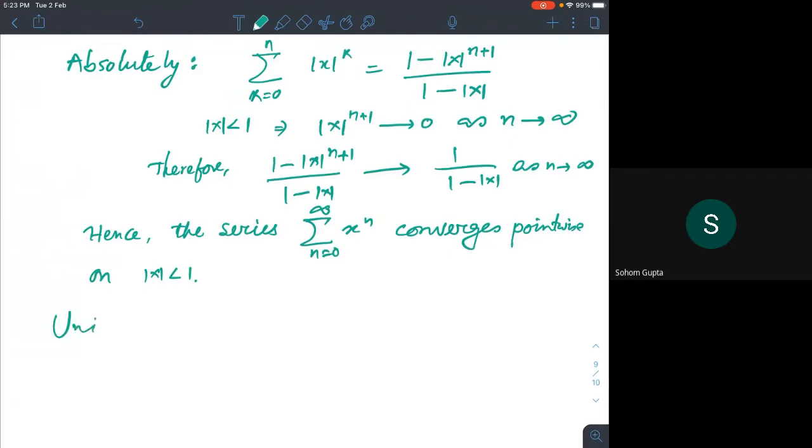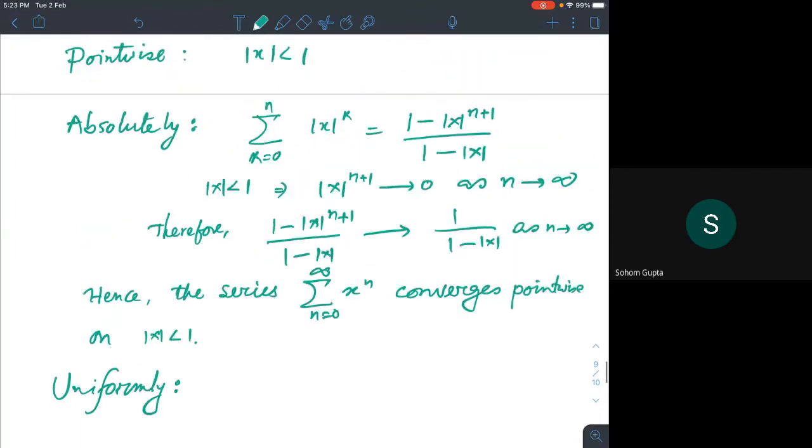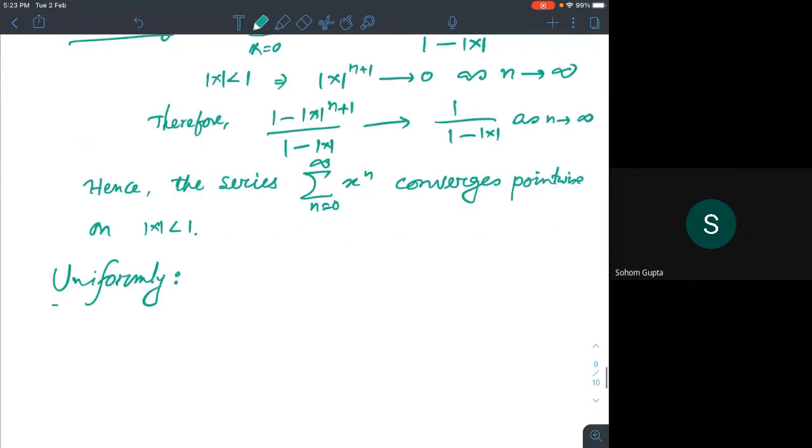Now, what about uniform convergence? Take mod x less than 1 minus delta for positive delta. So you need a compact set. This is now an open set.